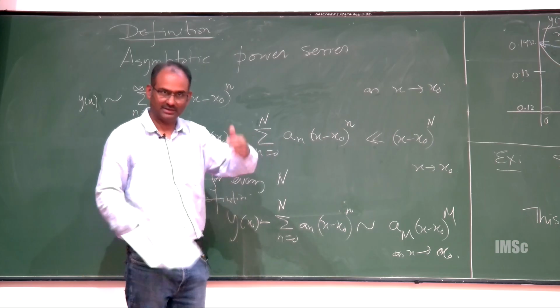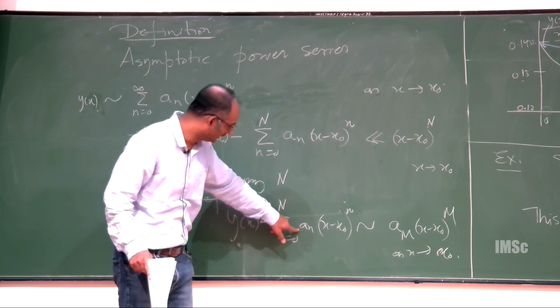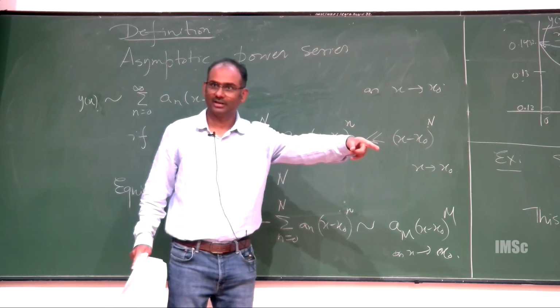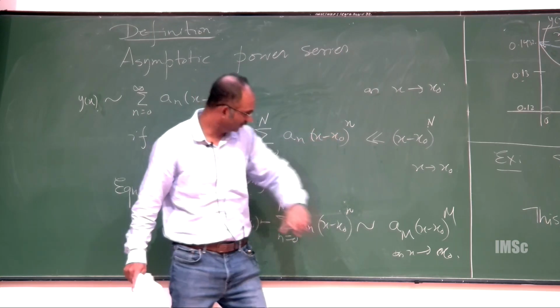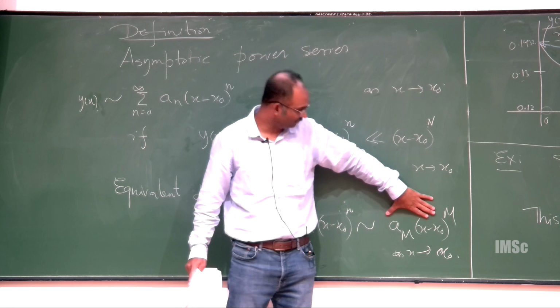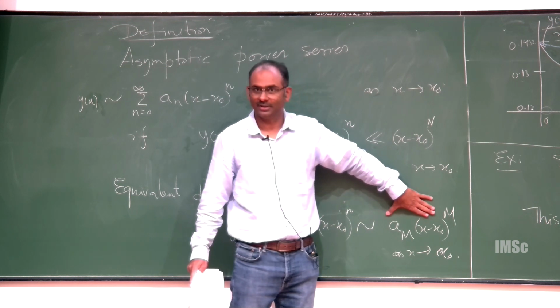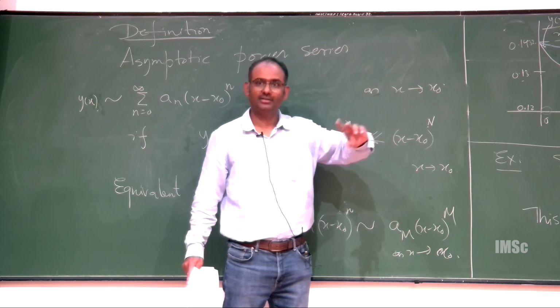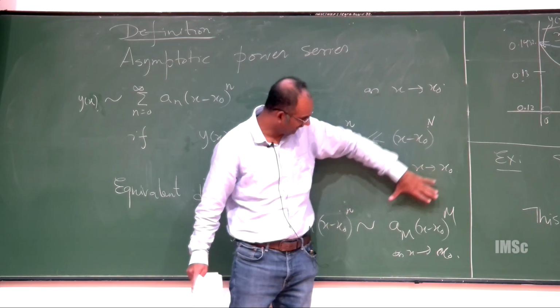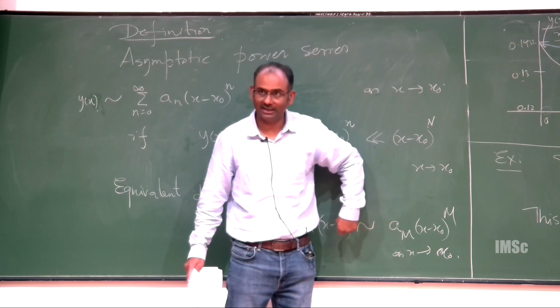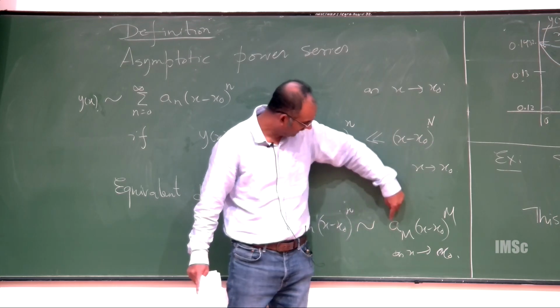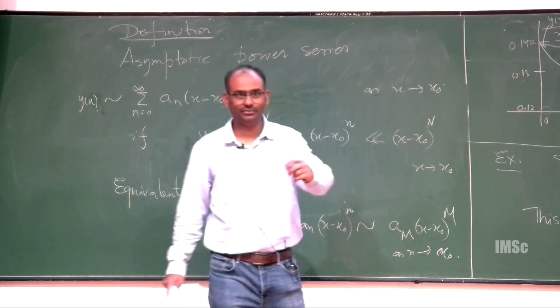After these first N terms, the next term has a coefficient which is non-zero. If that coefficient is non-zero, then this is what is sitting here, a N plus 1 times x minus x naught to the N plus 1. If that coefficient is 0, go to the next term, then that one is sitting here. So m is the number larger than capital N for which a m is non-zero for the first time.